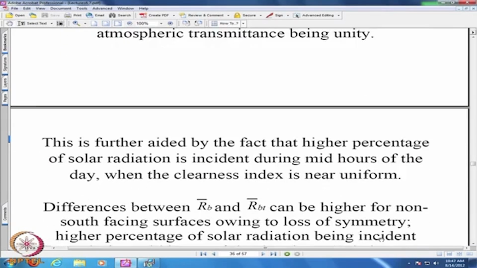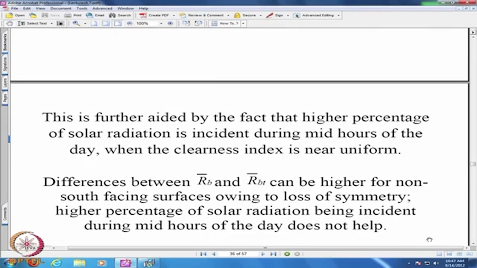And the reason RB bar is reasonably close to RB bar T is that a significant percentage of the radiation, something like 70%, occurs during the mid 4 hours or mid 5 hours, where your clearness index is reasonably uniform.